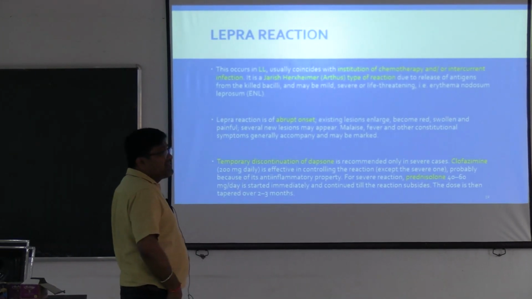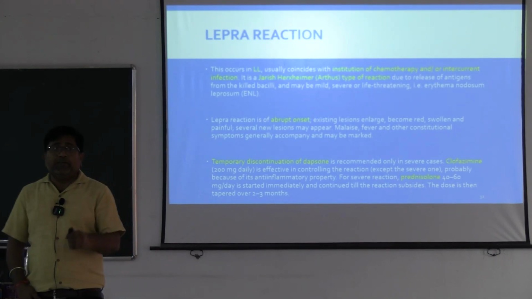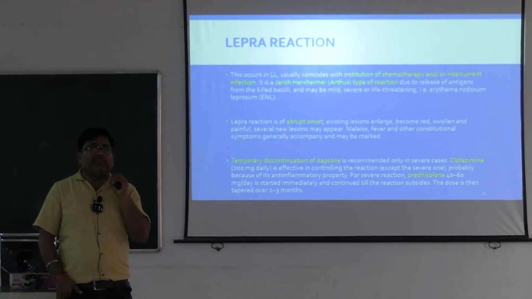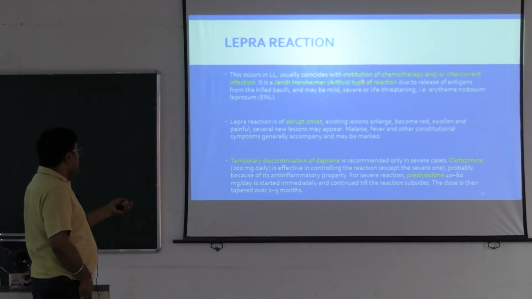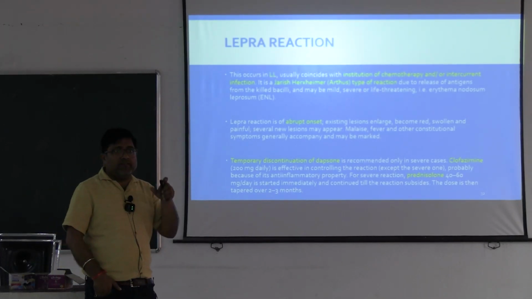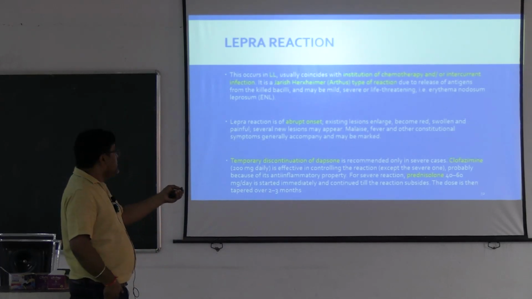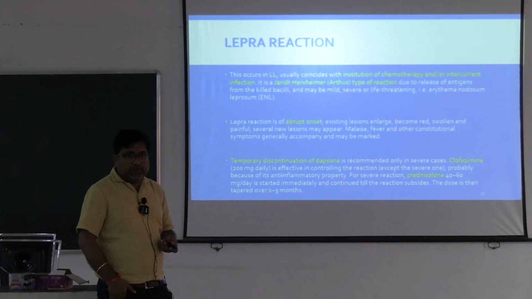Coming to the Lepra reaction. Lepra reaction is seen in a patient of lepromatous leprosy or multibacillary leprosy treated with the standard multi-drug therapy regimen. It coincides with the institution of chemotherapy, or it can be due to an intercurrent infection.